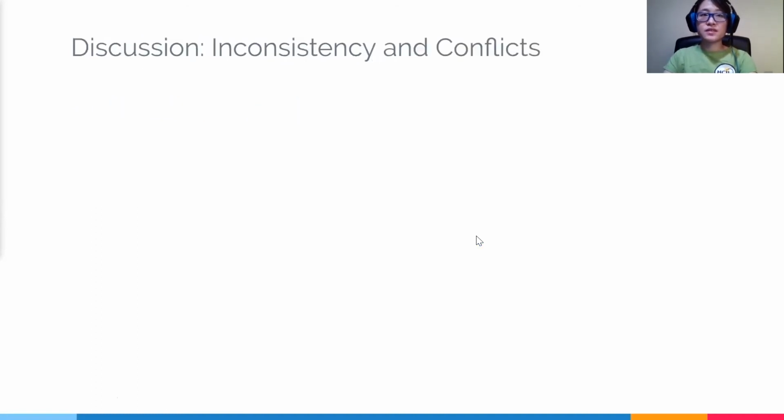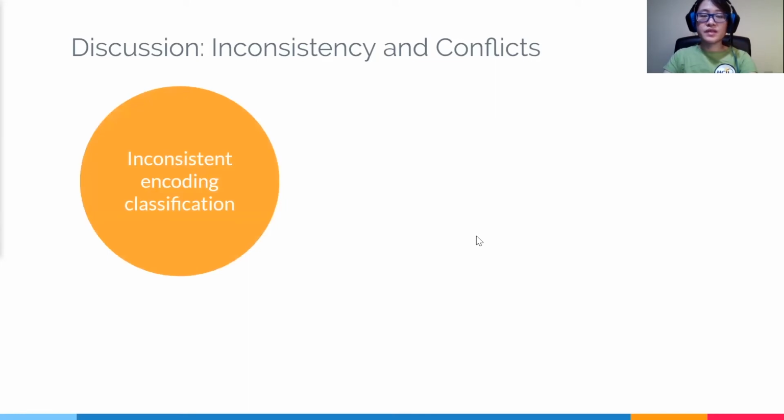Besides the critical gaps in the design space coverage, we also find some inconsistencies and conflicts in the literature. One of them is the inconsistent encoding classification. For a common chart type like the pie chart, researchers treated it as angle encoding before, but a more recent work suggests that humans perceive pie charts primarily as area encoding.